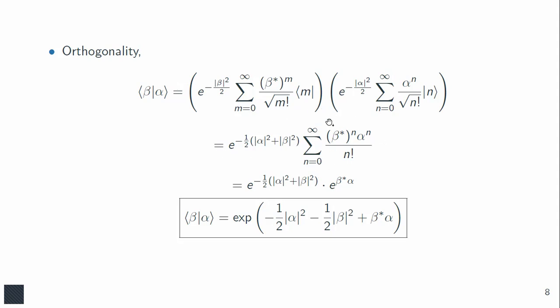So evaluating this sum, we are going to have this. So you could see that their inner product is not going to be zero, or it is not zero unless alpha and beta are different from each other.